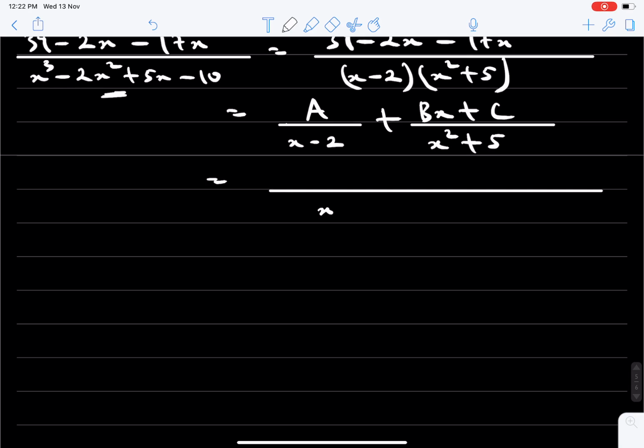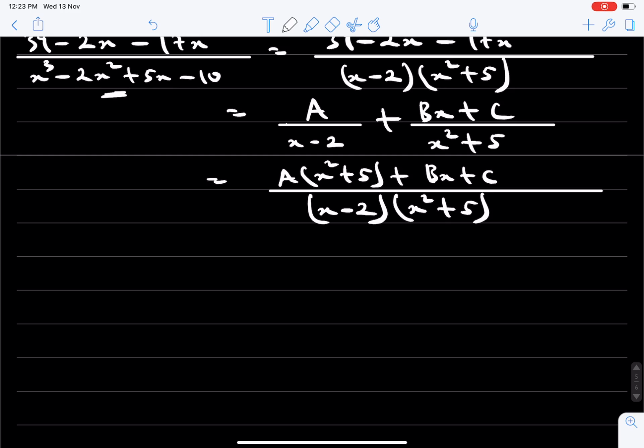And that means the LCM of the denominators is still x minus 2 times x squared plus 5. And the numerator of that fraction is a times x squared plus 5 plus bx plus c times x minus 2.